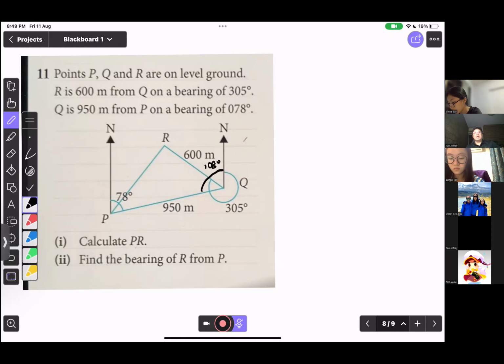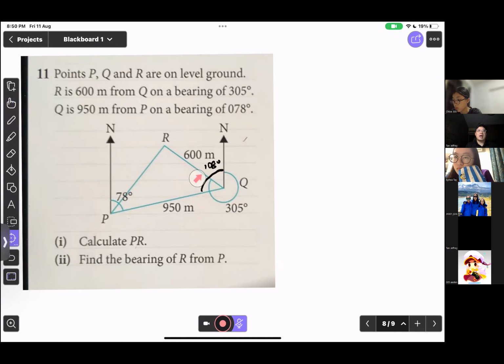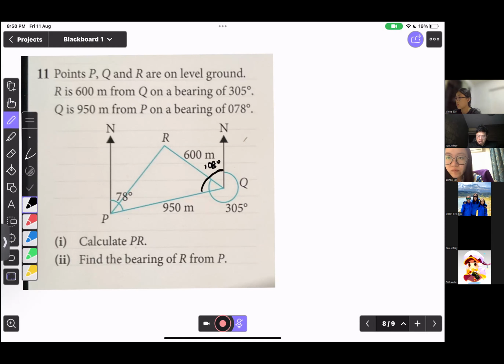So if I take 305 plus 108, in excess of 360, I can find this angle. 305 plus 108 minus 360, in excess, I can find that this angle is 53 degrees.